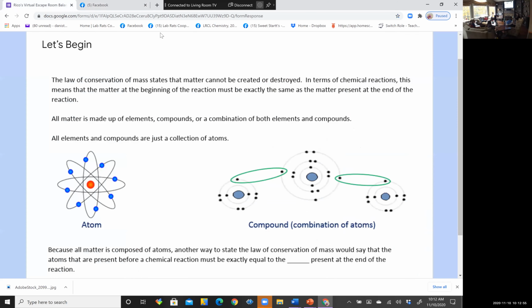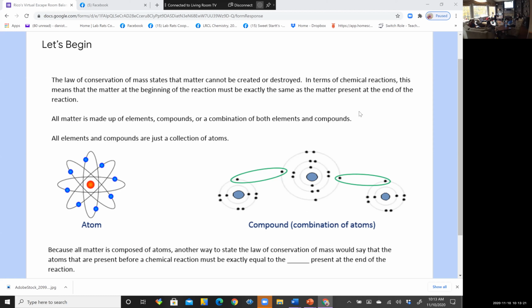All right, back to our escape room. So the law of conservation of mass states that matter cannot be created or destroyed. In terms of chemical reactions, this means that the matter at the beginning of the reaction must be exactly the same as the matter present at the end of the reaction. All matter is made up of elements and compounds, or a combination of both. All elements and compounds are just a collection of atoms.